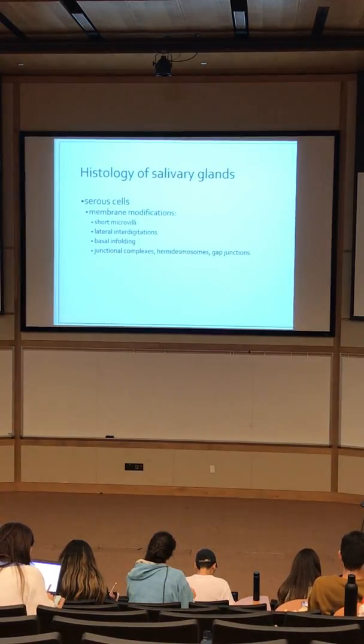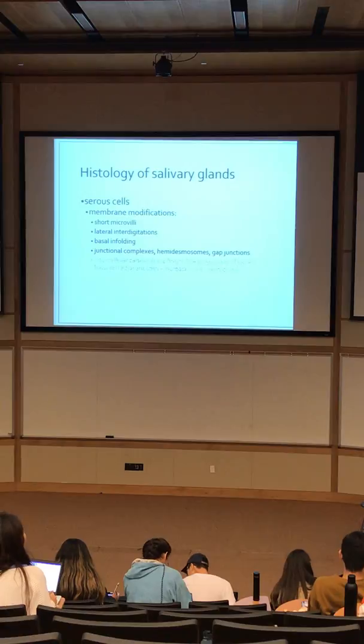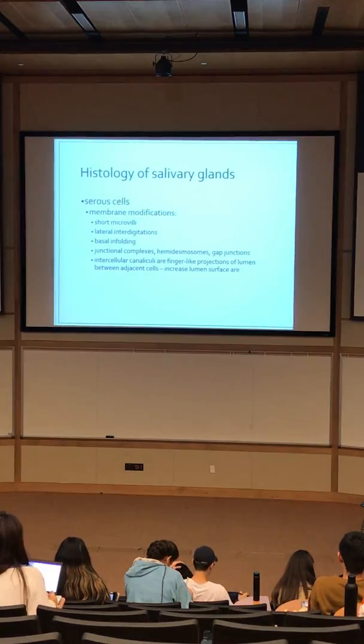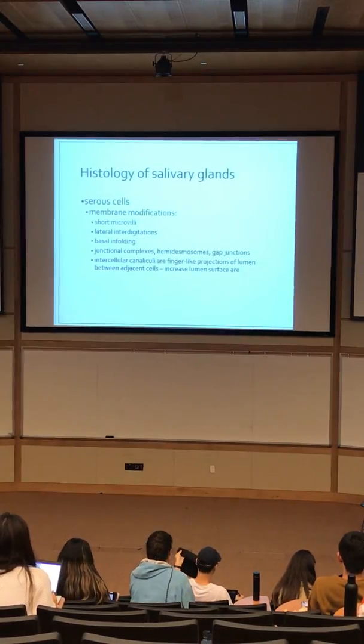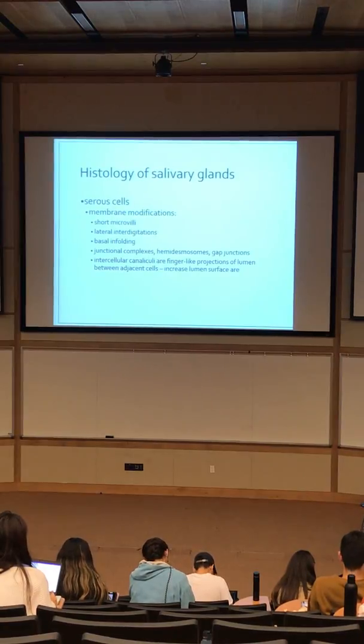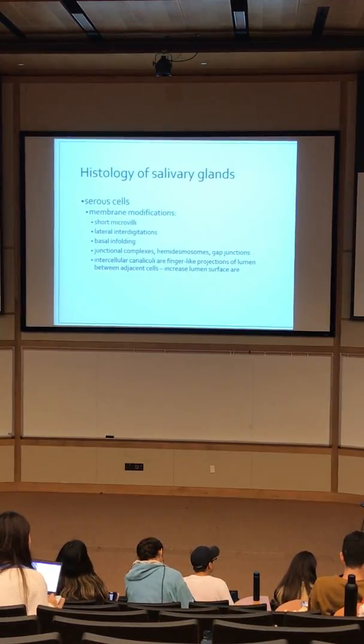There are junctional complexes. There are hemidesmosomes attaching the basal part of the cell to the basal lamina. There are gap junctions between the cells, which helps to coordinate their function. They communicate with each other. And these cells have intercellular canaliculi. Now be careful, because when we talked about parietal cells the other day, they have intracellular canaliculi.